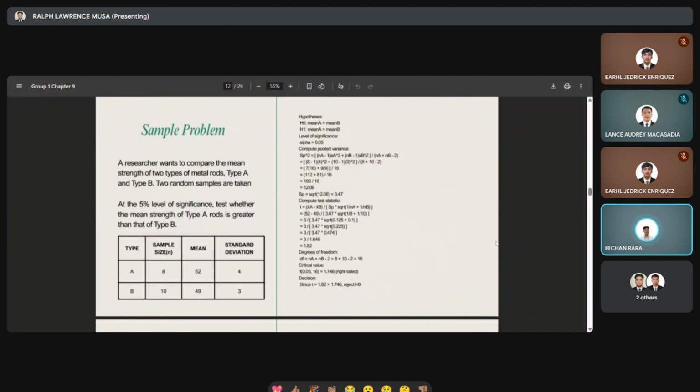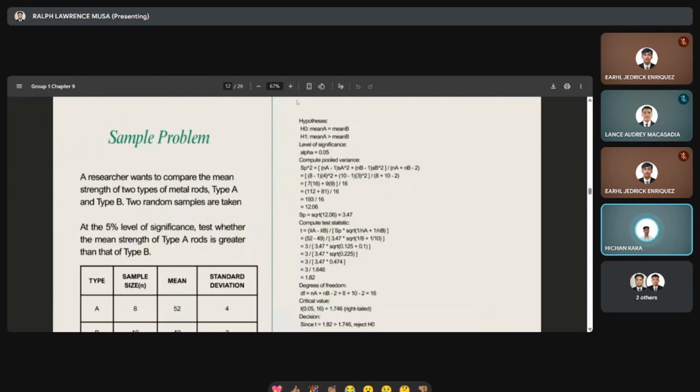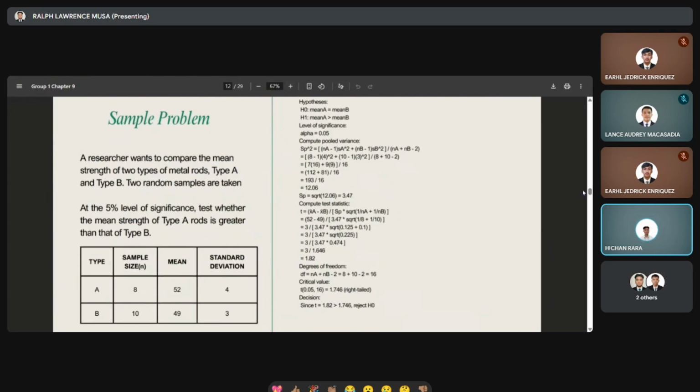Problem naman. We got our problem here. Problem 1, we're comparing the mean strength of steel metal rods type A and type B. So our table here states that type A natin is yung sample size natin is 8, then mean 52, standard deviation is 4, while sa type B, sample size natin is 10, then mean 49, standard deviation natin is 3.